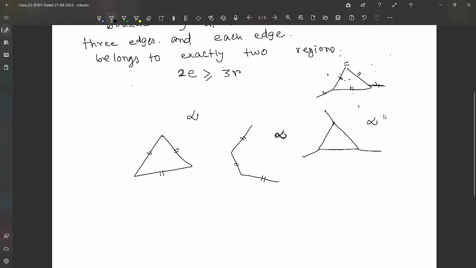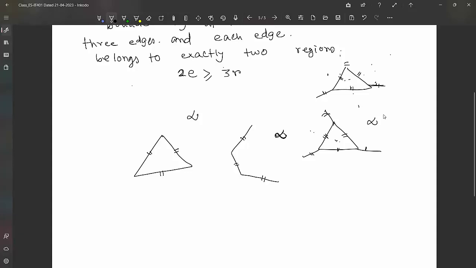And here also, to find the infinite region, there are 1, 2, 3, 4, 5, and 6 edges. So to find one region you need at least 3 edges, and every edge is attached to exactly 2 regions.